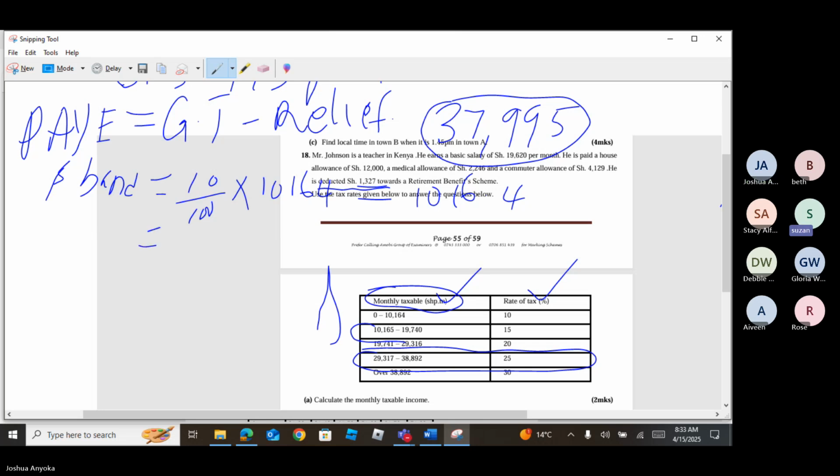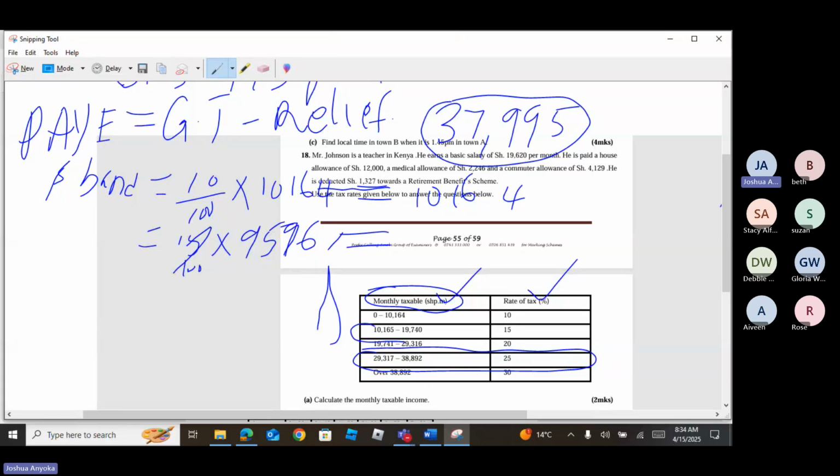So for the second band, 15% times 9,576.